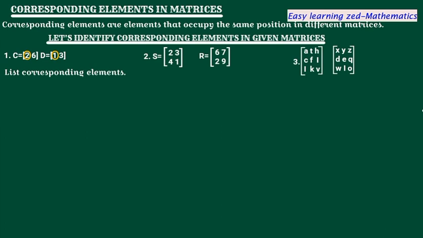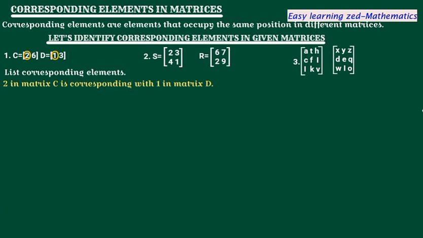Element 2 in C is corresponding with element 1 in D. What it means is that these two elements are occupying the same position in different matrices.